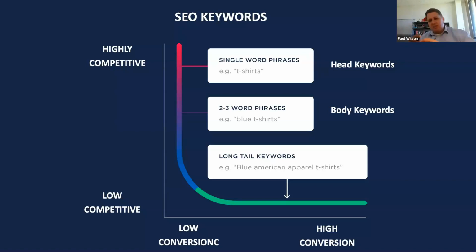The competition is significantly lower, meaning you can now rank for hundreds of long tail keywords. The time it would take you to rank for one head keyword is about the time it takes to rank for hundreds or thousands of long tail keywords. The second one is people doing long tail searches are more specific and more ready to convert, whether it's to buy or whatever your conversion is.